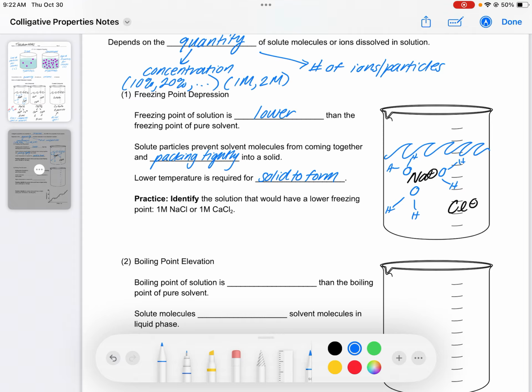So when we have solute particles, we have an ion involved. The freezing point of my pure substance, which in this case is water, gets lower. In order to freeze, the water needs to get close together, and the solute particles are preventing that. So we just need to get a lower temperature in order for it to happen.